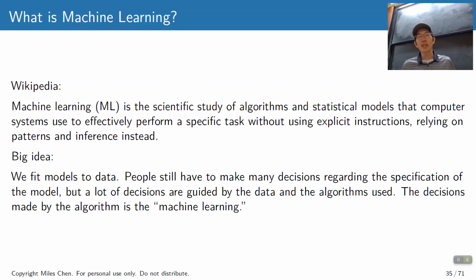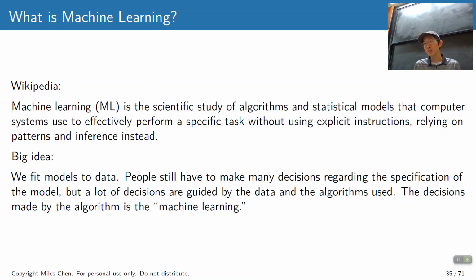My translation is that we're basically trying to fit models to the data. People still have to make decisions regarding what model to use, but once you decide what model to use, a lot of the decisions are guided by the data and the algorithms used.